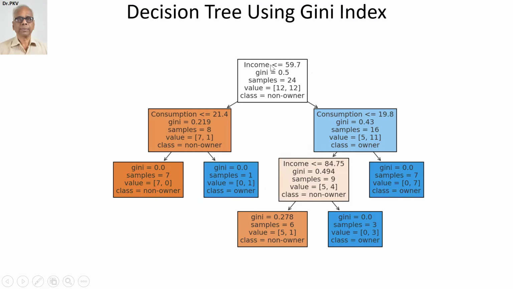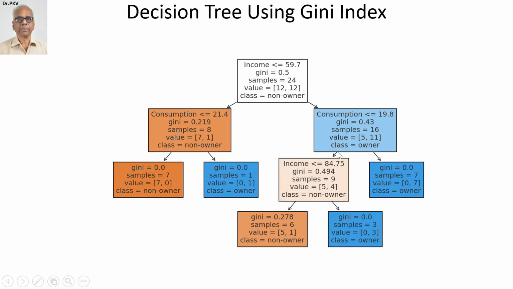When I say income is less than or equal to 59.7 is not true, that means it's more. Then I'm asking consumption less than or equal to 19.8. I have got this split here now. So income is less than or equal to 59.7 and consumption is less than or equal to 19.8. That part I have here.